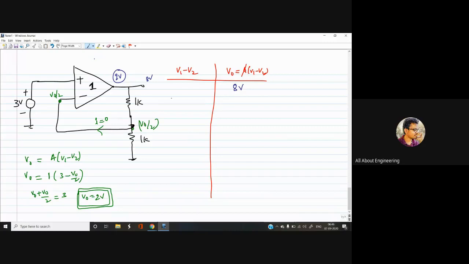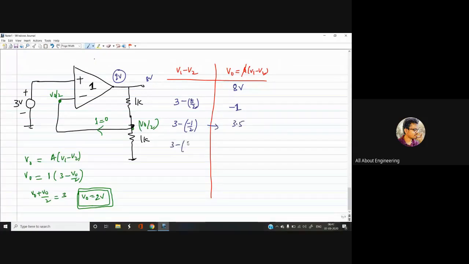Now V1 is 3 volts, that won't change, but V2 will be 8 by 2, because it is V naught by 2, so 4. So 3 minus 4, my new output would be minus 1. Now again, if you compute this for some more time, V1 won't vary: 3 minus of minus 1 by 2. It is 3.5.